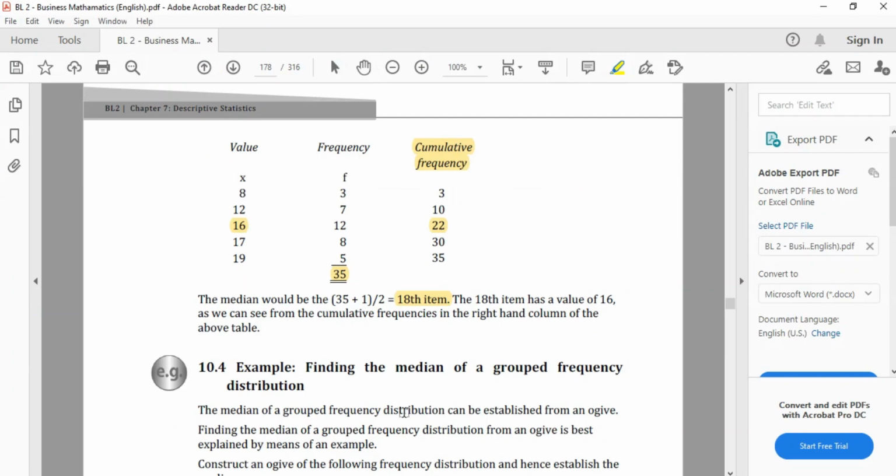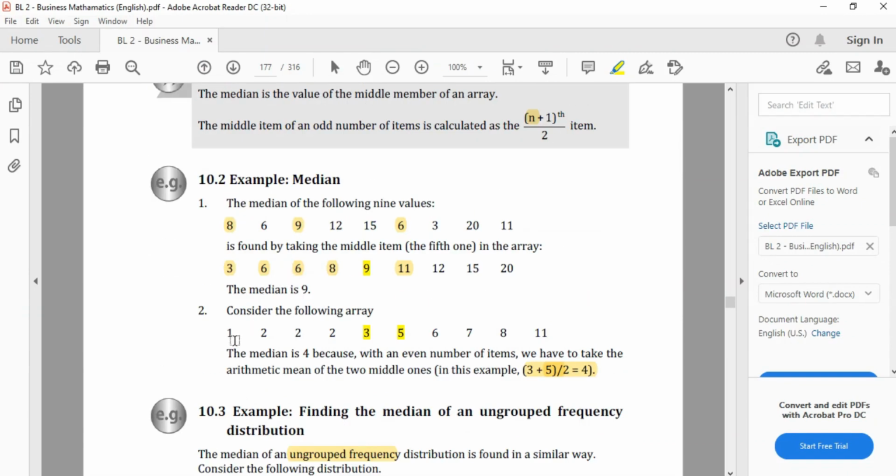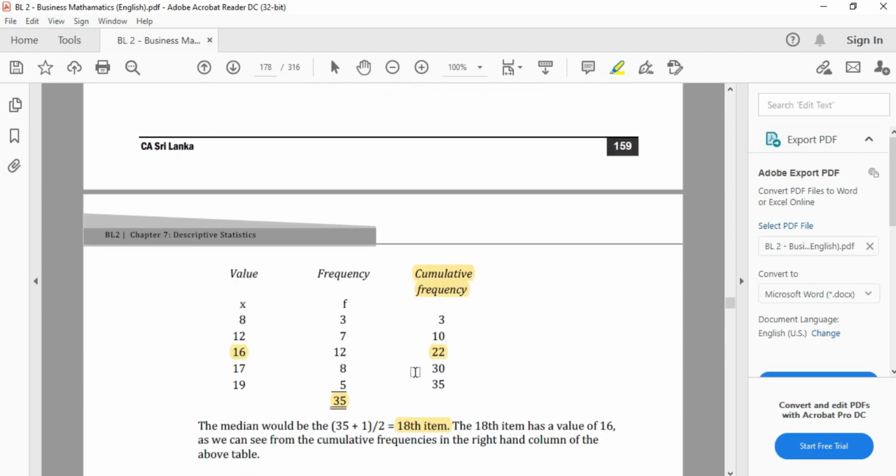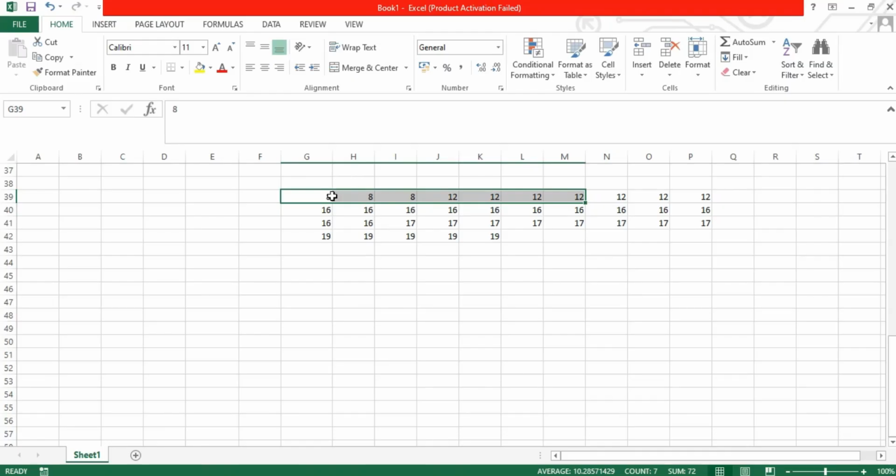Because we have to first of all arrange our numbers in ascending order. You can't have 19 first. You must have the small figure first, in ascending order. Now it is all in ascending order if we go like this.